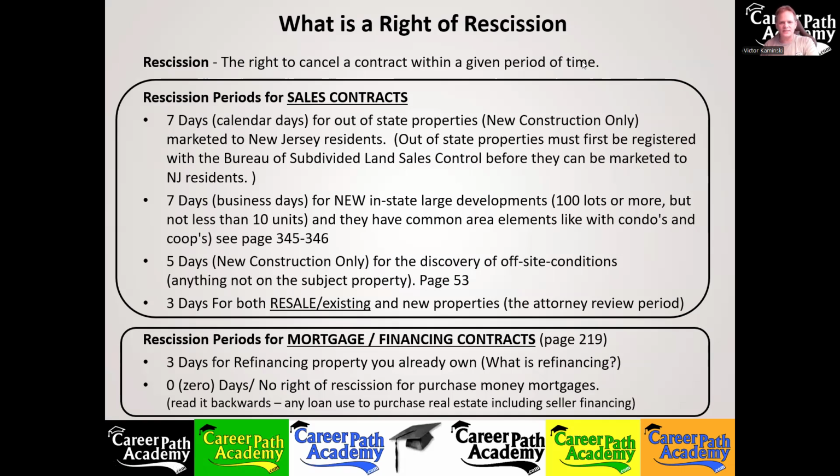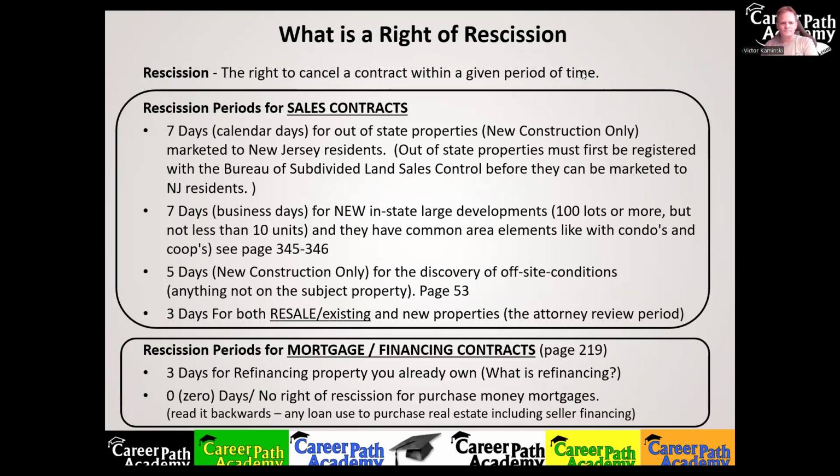Those new construction rights of rescission are for 7 days for out-of-state properties marketed to New Jersey residents, 7 days for new construction in large in-state subdivisions, you have a 3-day rescission, 7 days for new construction for large in-state subdivisions with 100 lots, but not less than 10, if there are common area elements involved, like with condominiums and cooperatives.